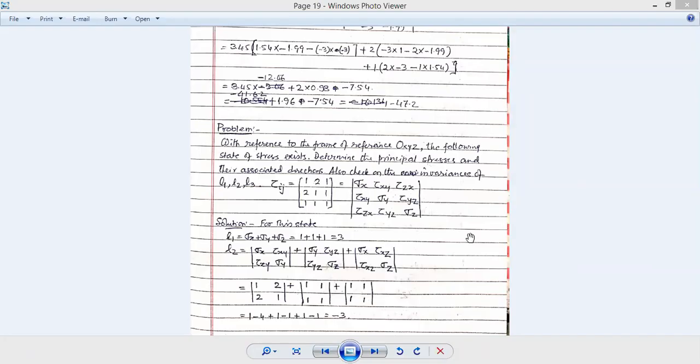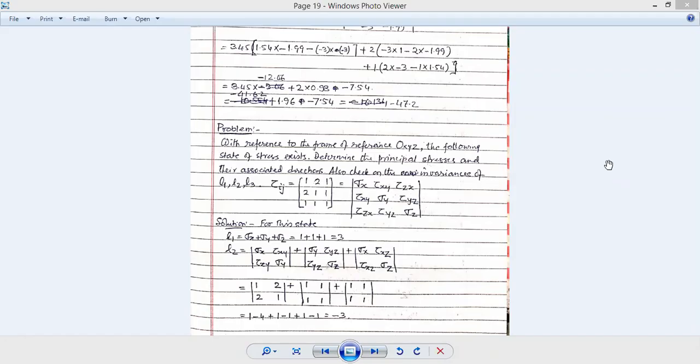And if we imagine a rectangular pyramid with origin O as one of its apexes, and three out of four planes along the three coordinate axes, then what happens? As per Cauchy's theorem, we have the stresses given in three particular directions.